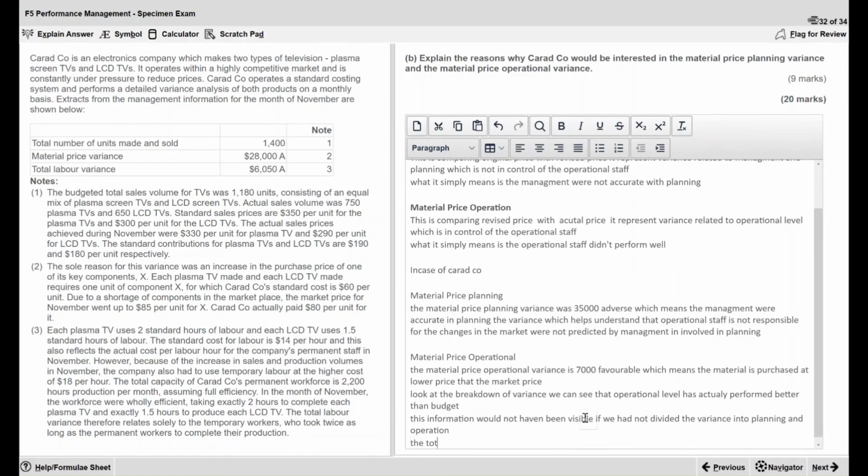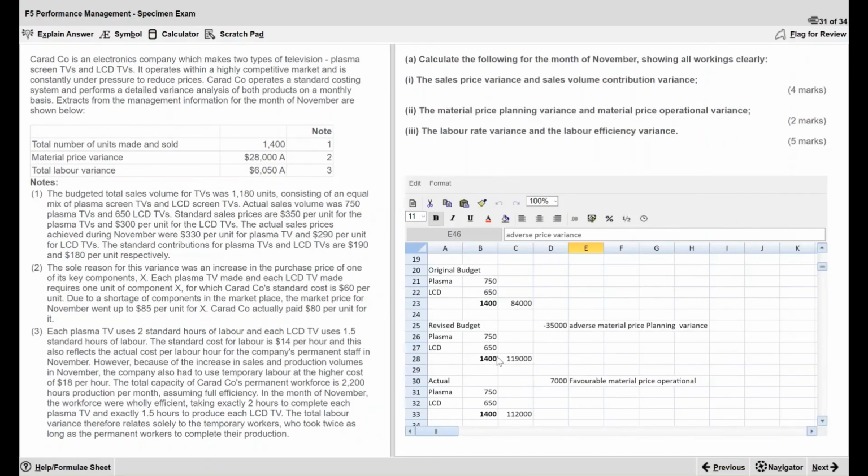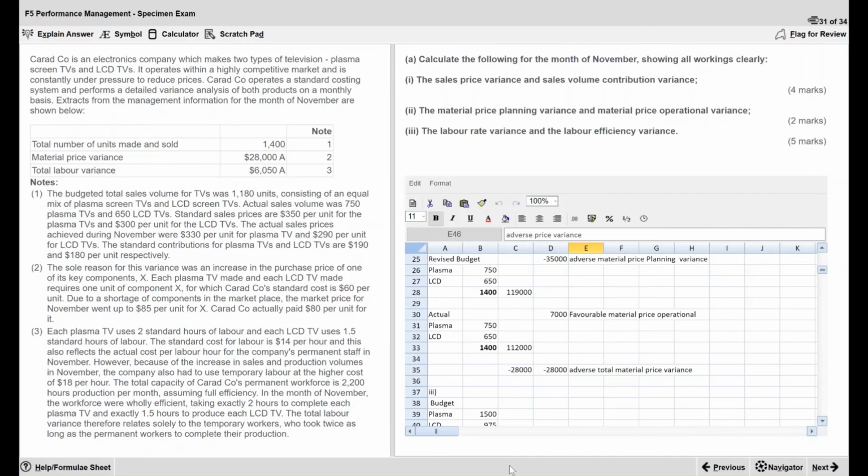The total price variance is 28,000 adverse.